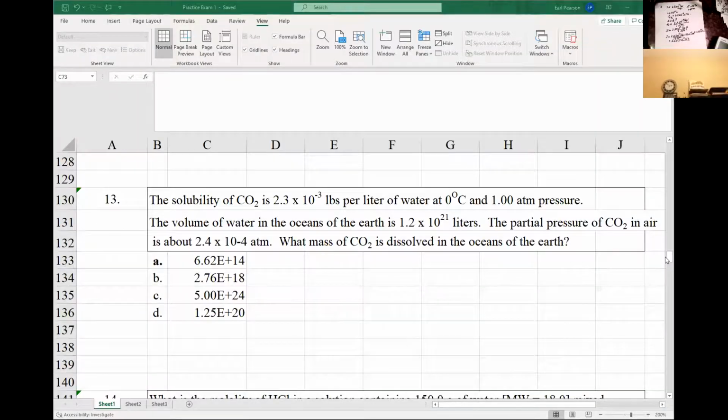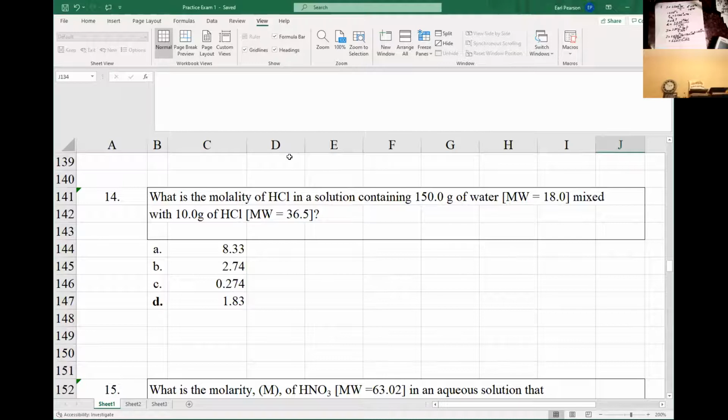All right, and moving right along. What is the molality of HCl in a solution containing 150 grams of water mixed with 10 grams of hydrochloric acid? So number 14. And we want molality.